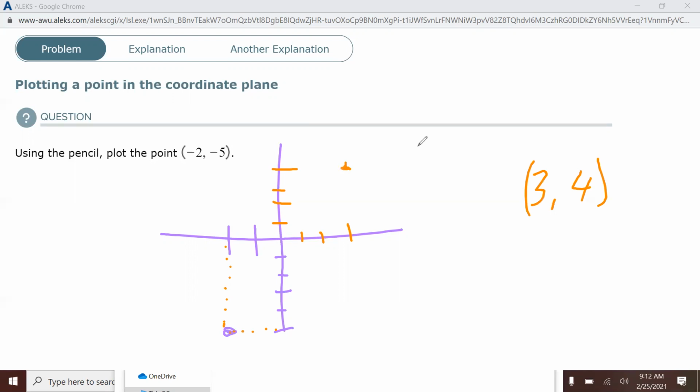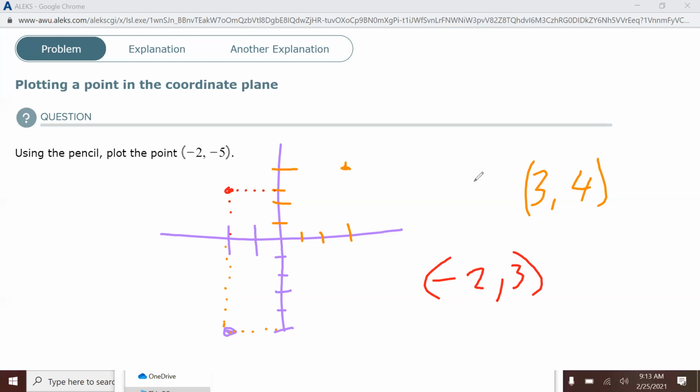What if we had -2, 3? That would be 2 in the negative x direction, so out to there. And then 3 in the y direction. So it would be right there.